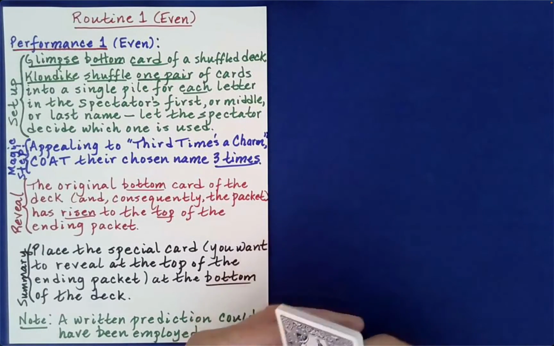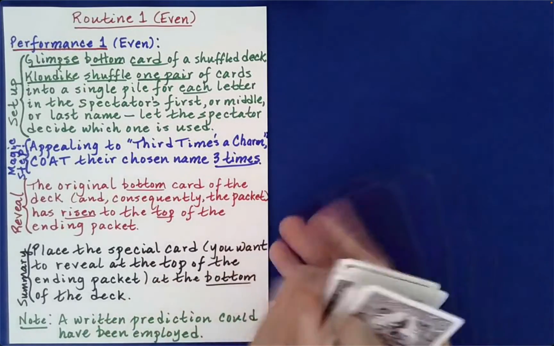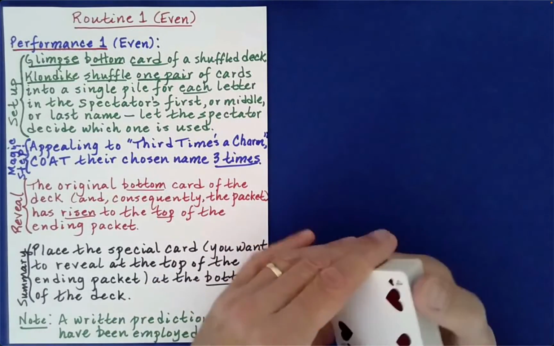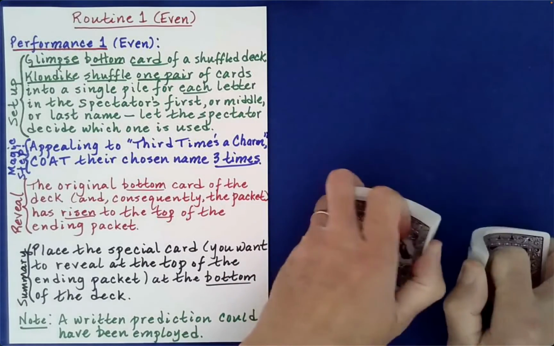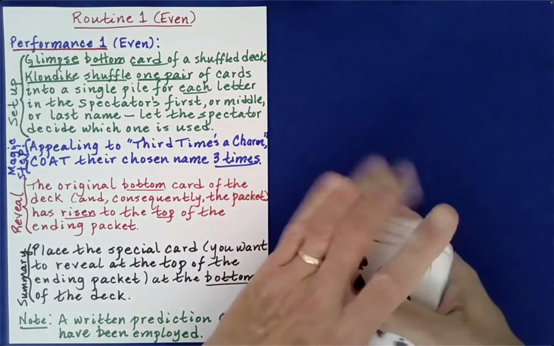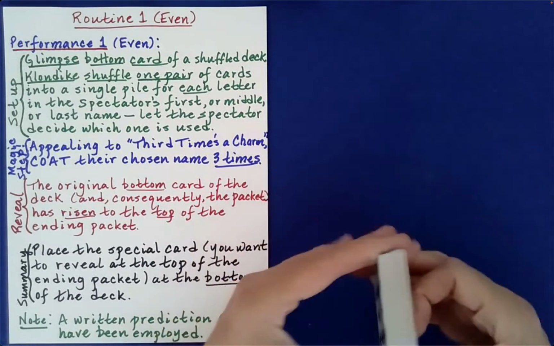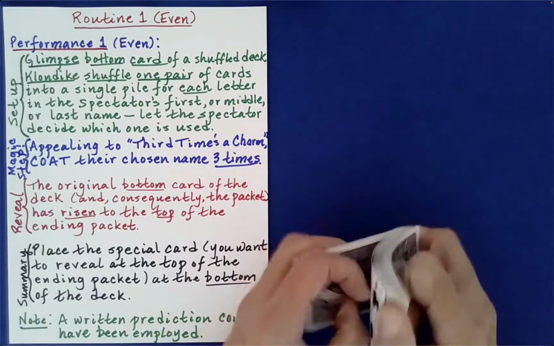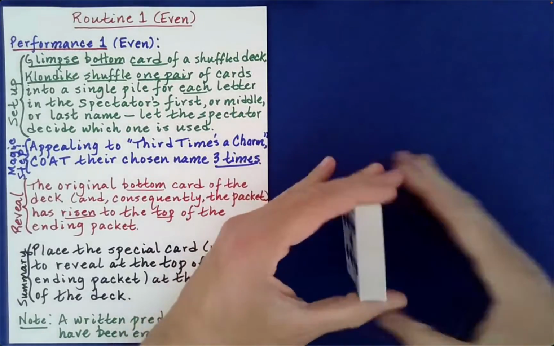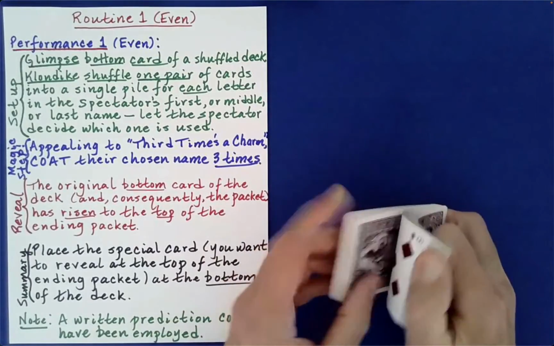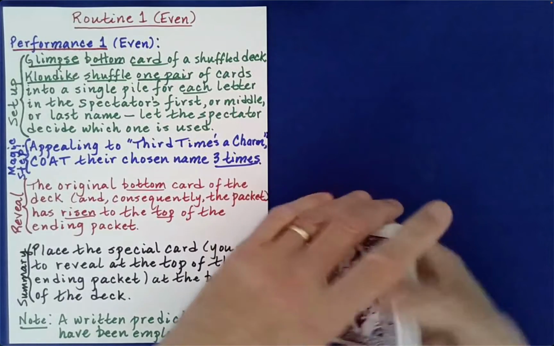Okay, so maybe just to recap. What you do is you can glimpse the bottom card or place a special card at the bottom. You can have it freely shuffled first if you would like, and now you have to realize that if the cards are freely shuffled and they're in the hands of the spectator, you're probably not going to know the identity of the bottom card.